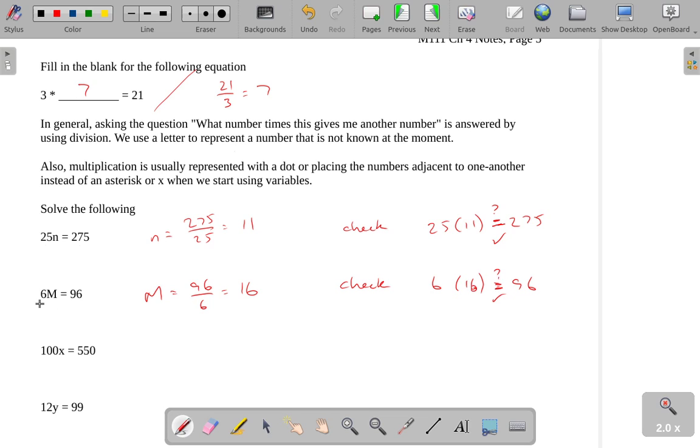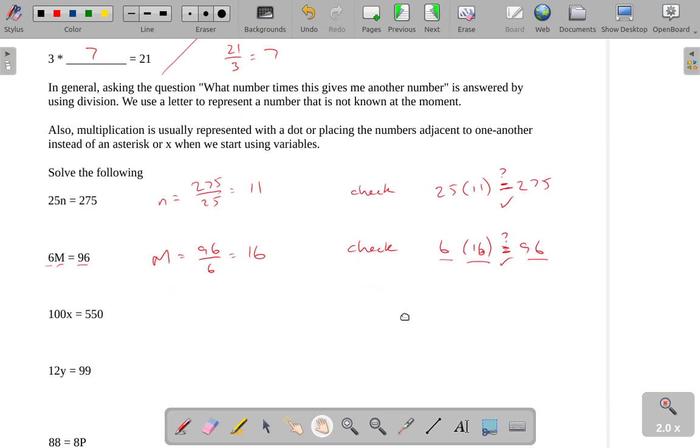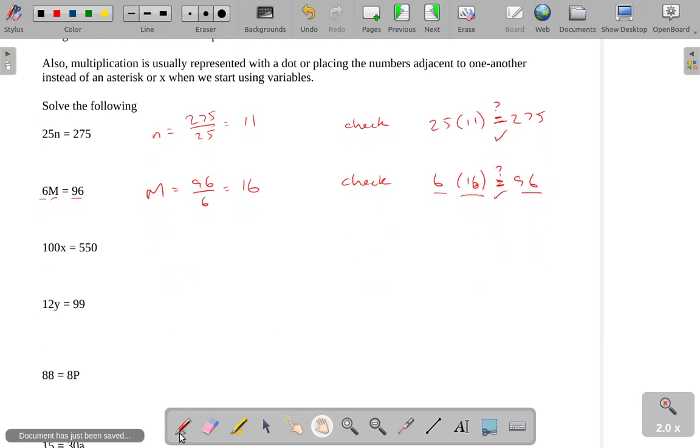So again, I'm taking this 6, that's the 6 right here, times the m, which I said had a value of 16, that's what I said right here, equals 96. So I'm just copying down that original equation with a question mark there since I'm verifying it. I just evaluate both sides. Well, there's not much to evaluate on the right-hand side, but evaluate the left-hand side and see that it comes out as a true statement.